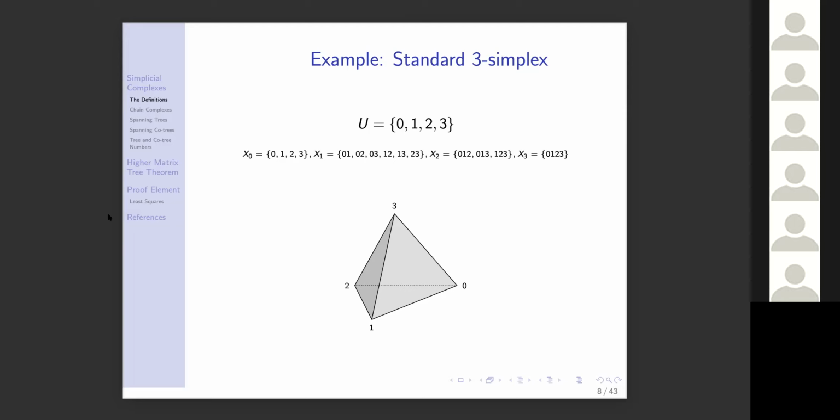And if you throw away the top dimensional simplex, you think of throwing away the interior of this tetrahedron, and what's on the outside, the boundary, is like a 2-dimensional sphere, right? So that's why we think of it as the simplicial sphere. The boundary of this geometric 3 simplex is a 2-sphere.